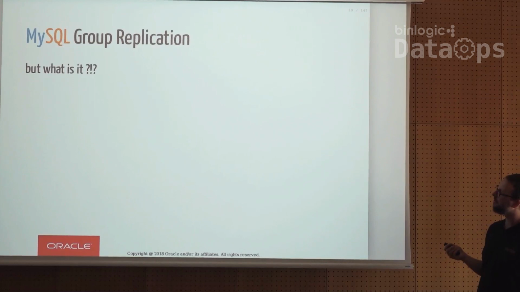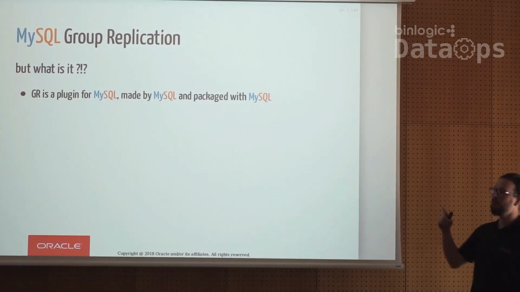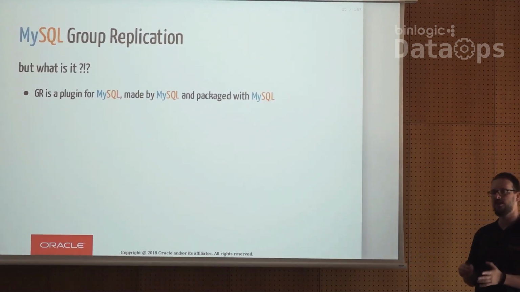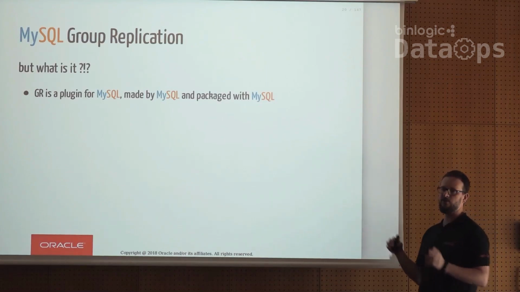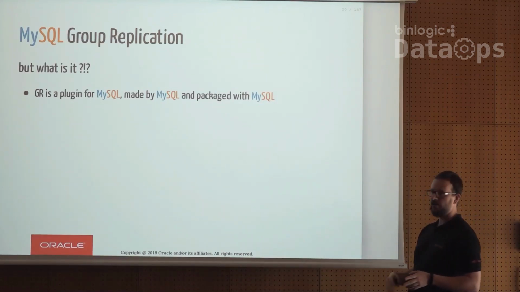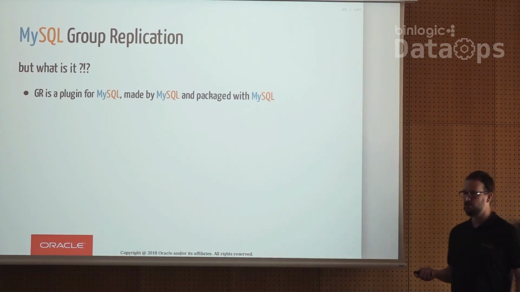So what is this Group Replication? It's a plugin for MySQL that is made by MySQL and that is packaged with MySQL. So when you install MySQL 5.7 after 16, or if you are using 8.0, you have this plugin already installed on your machine. So everybody has that.